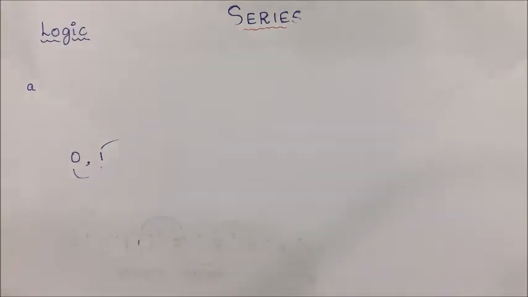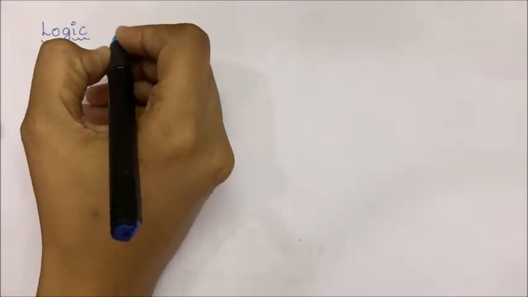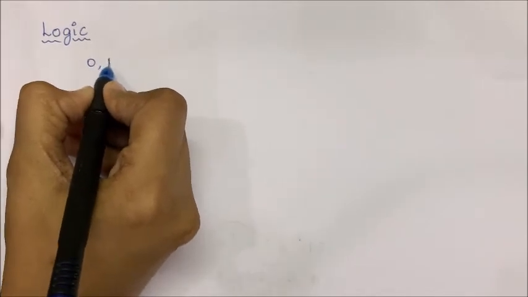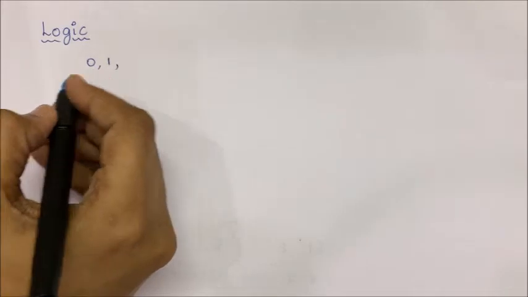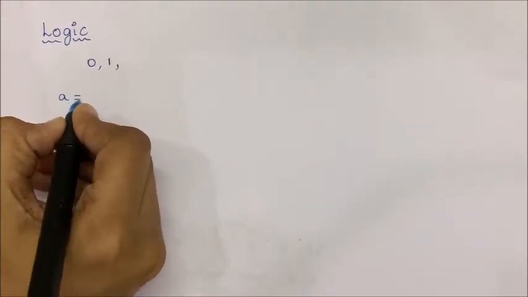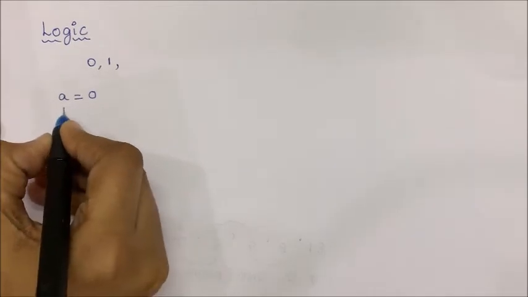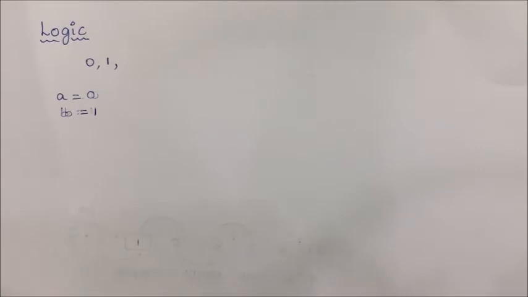To understand the logic, let us write the sequence once again. The sequence will be 0, 1. 0 and 1 will be the initial values. So we will initialize the value 0 to some variable a and the second value 1 to b.